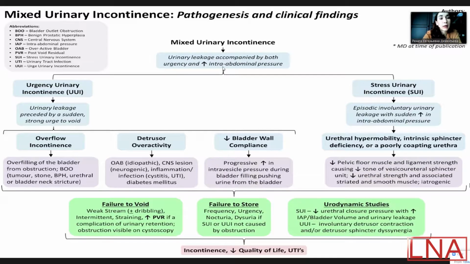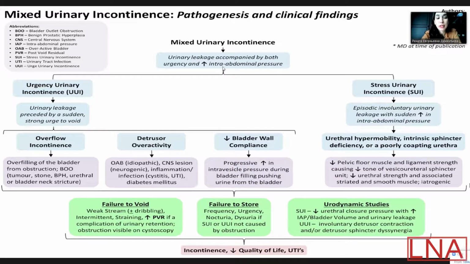From bladder outlet obstructions: it can be obstruction by a tumor, by a stone, by a hyperplastic prostatic gland, or by urethral or bladder neck stricture. Any type of stricture or any type of obstruction, inner side and external side obstruction.